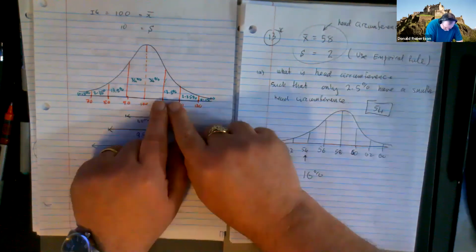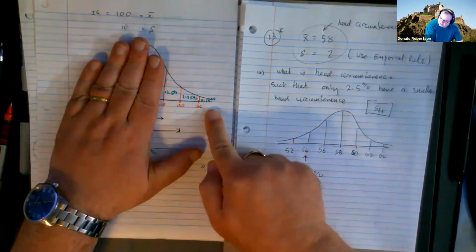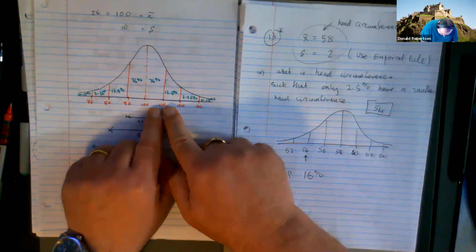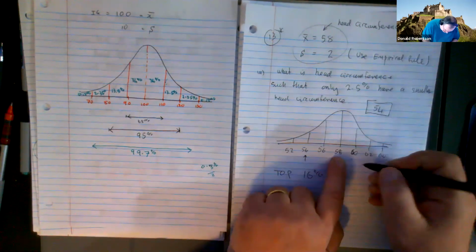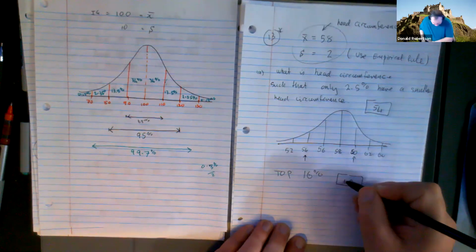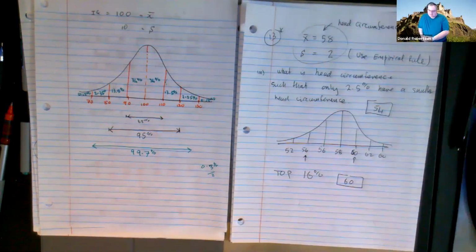If you add that one, can you see it's here? Everybody here? And what's that guy? Oh, that's just one circumference. So if you have a friend you think has a big head, measure it. If it's 60 or bigger, your friend is in the top 16% of American adult male heads.